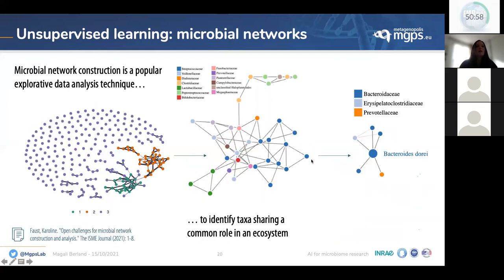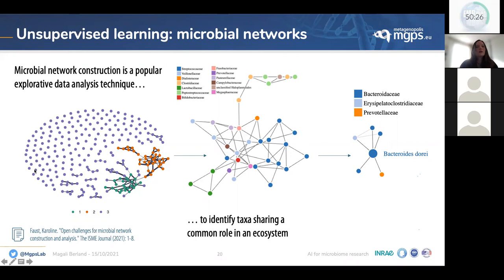So the second method that is used in unsupervised learning is network inference to infer a network of bacterial species. It's a quite popular exploratory method of data analysis. Here you have a very nice paper about open challenges for microbial network construction and analysis.